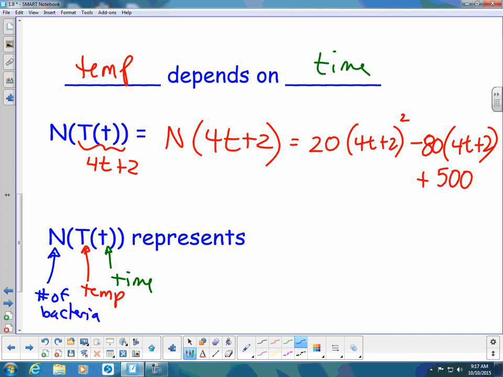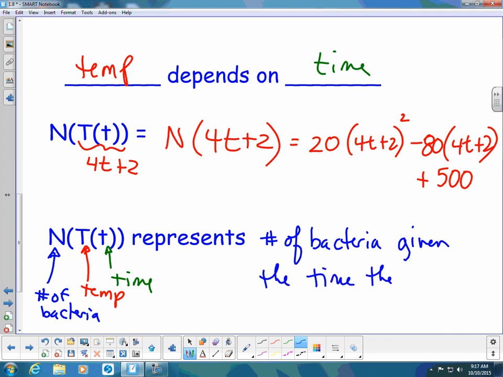So the one function gave us the number of bacteria based on the temperature of the food, and the other function gave us the temperature of the food based on the time it's been out. So capital N of capital T of t would represent the number of bacteria given the time the food has been out of refrigeration.